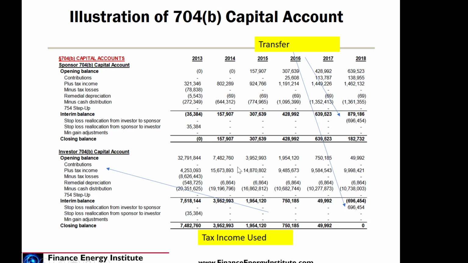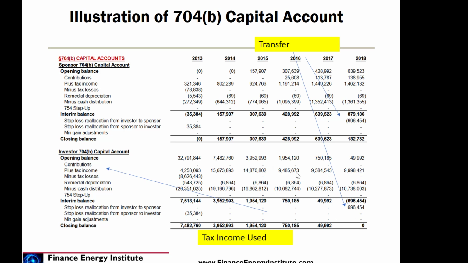Where's the negative taxable income? If the taxable income is positive, then it's not so bad. But if the tax investor cannot use the taxable income, then it's a real thing.